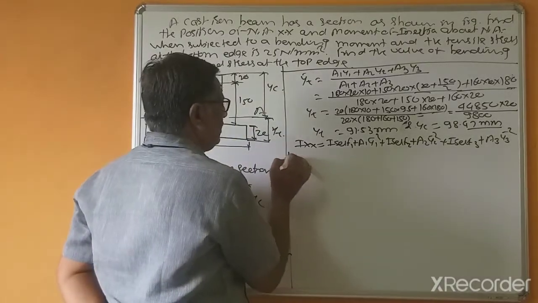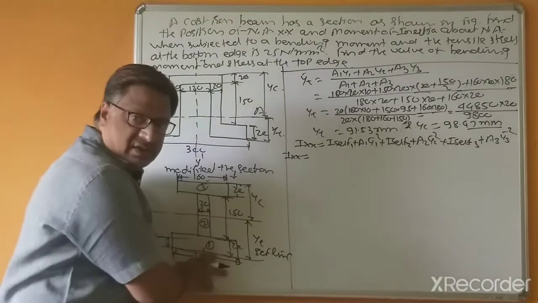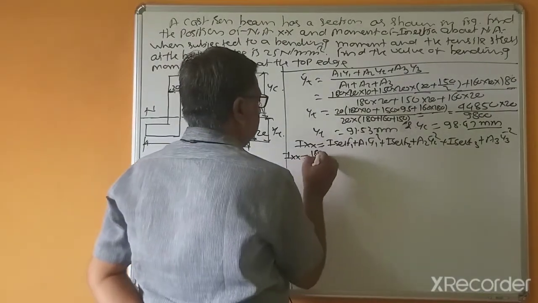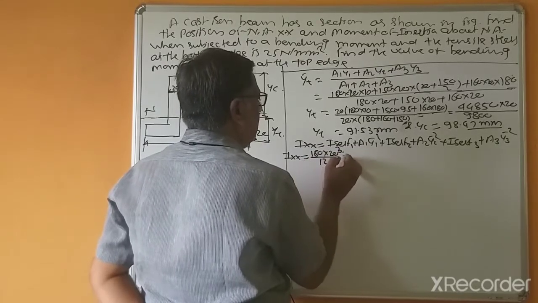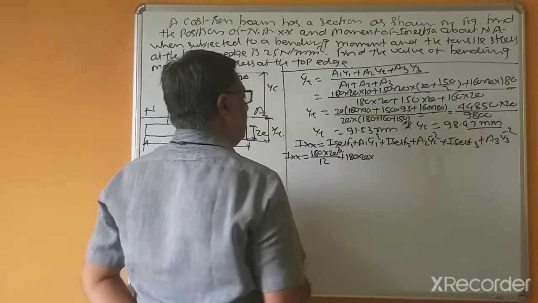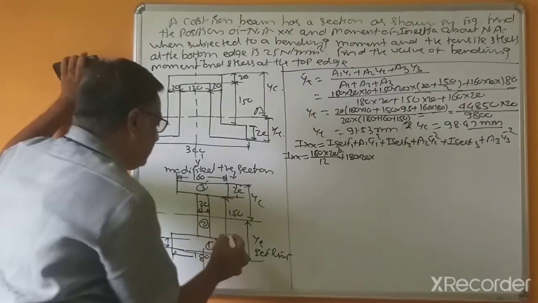So for the first section, self moment of inertia: B equal to 180 into 20 cube divided by 12, plus 180 into 20 into the y1 bar distance squared.